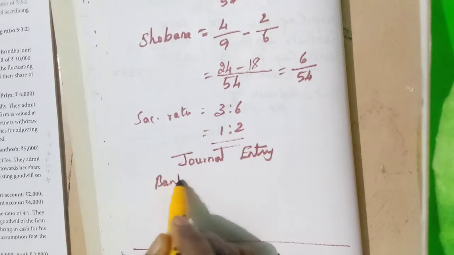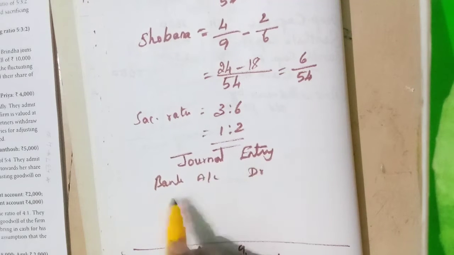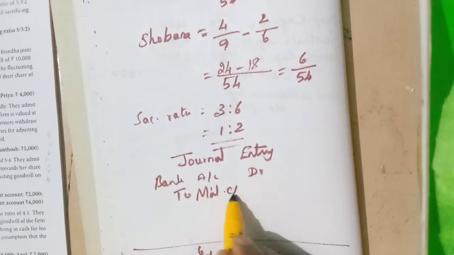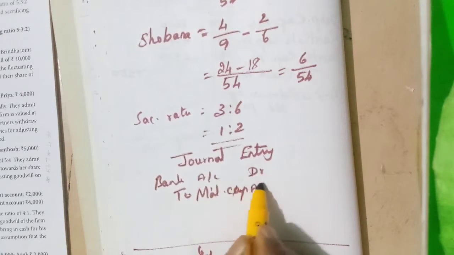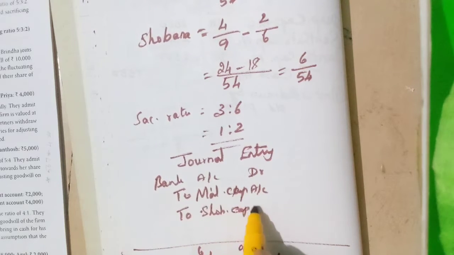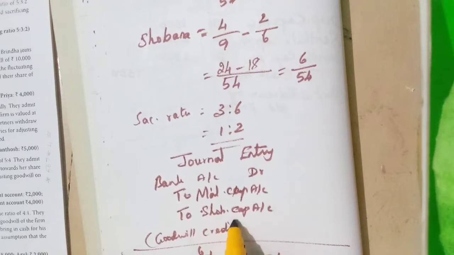So, bank account debit to old partners, Maladi's capital account, to Shobana's capital account. Goodwill credited to old partners, credited to partners in sacrificing ratio.